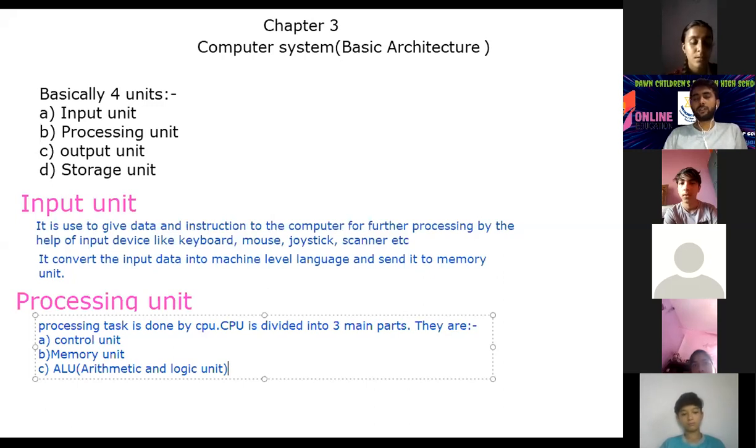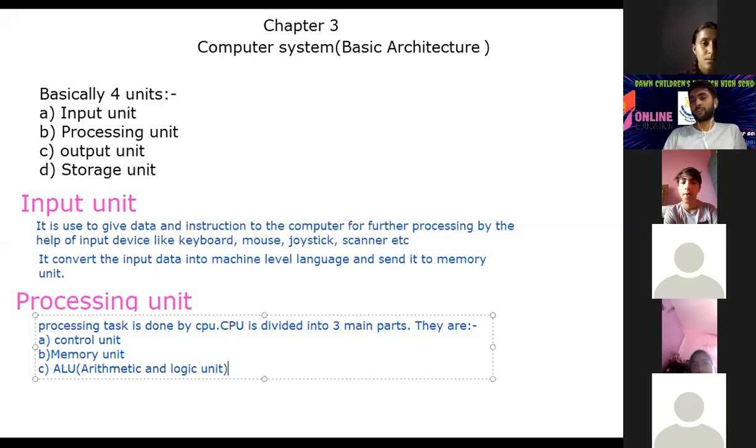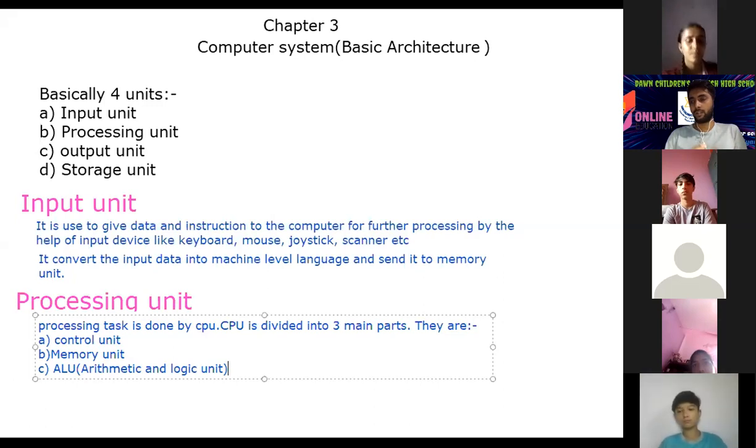All control unit, as I told you in the last class. What is the role of the control unit? It controls the overall operation inside the CPU. That means it takes data from the input device, then sends it to the arithmetic and logic unit for processing.